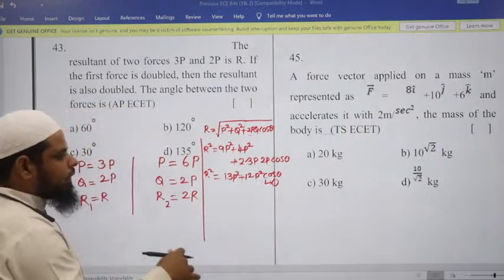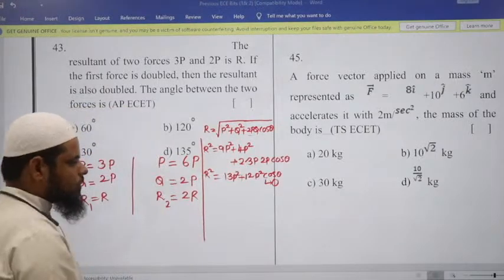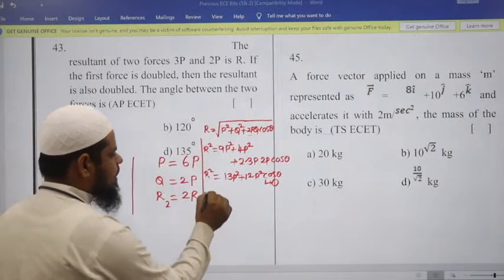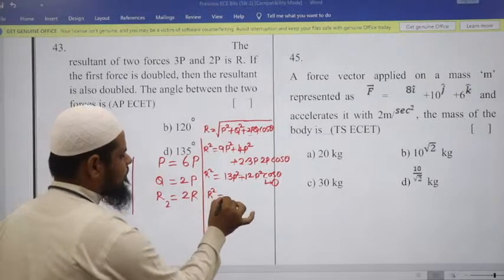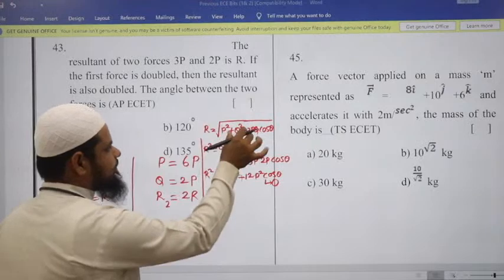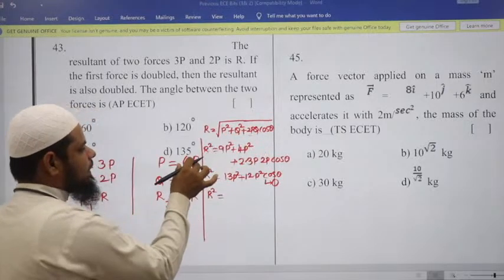Similarly, you can go with the second equation also. What is our second equation? R square is equal to, again the same formula we are going to apply here, but it is 6P.